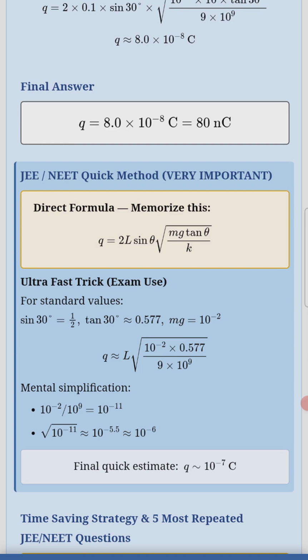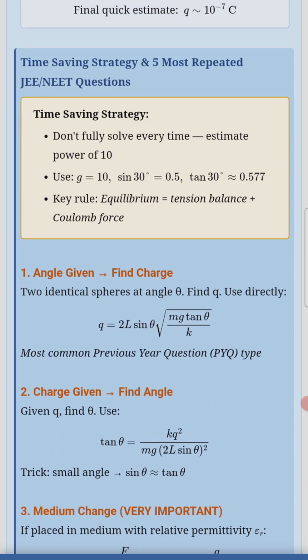Direct mental simplification. 10 to the minus 2 divided by 10 to the 9 gives 10 to the minus 11. The square root of 10 to the minus 11 is approximately 10 to the minus 5.5, roughly 10 to the minus 6. Multiplying by L gives the final order. q is approximately 10 to the minus 7 coulombs. You can write the answer in seconds.